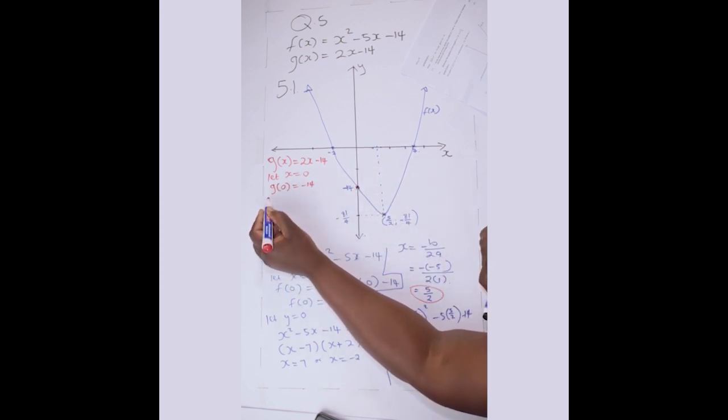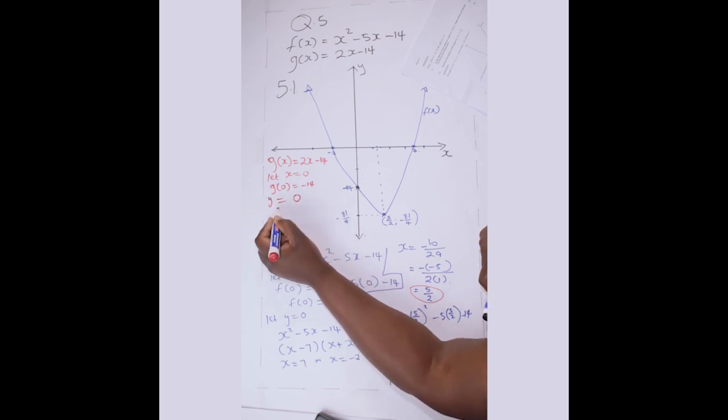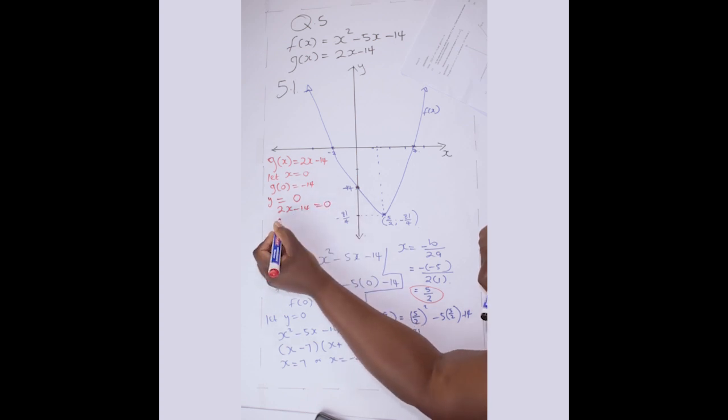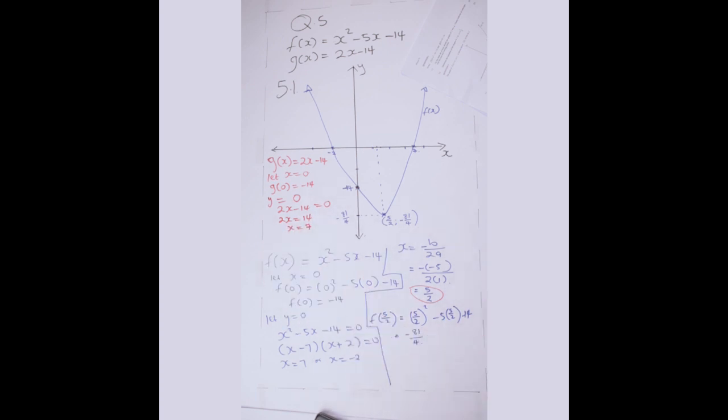To find the x-intercept, we let y be equal to 0. So we have 2x minus 14 equals 0. That is 2x equals 14, which gives x equals 7 after dividing both sides by 2. So it's going to pass through 7.